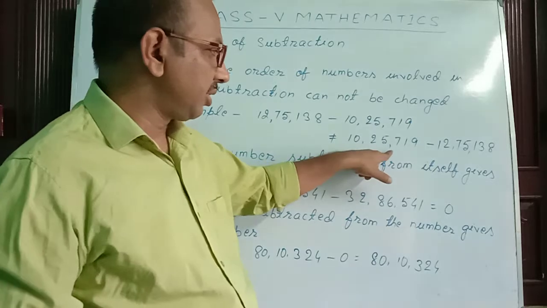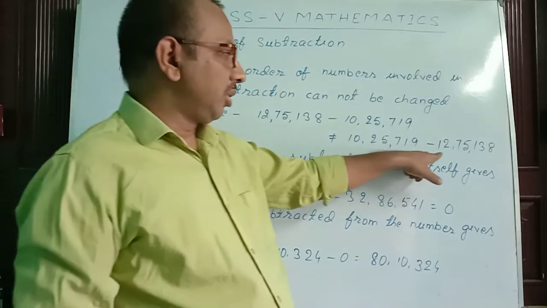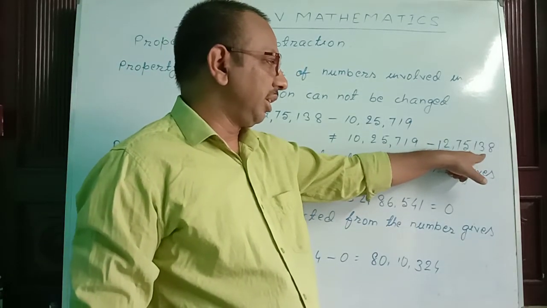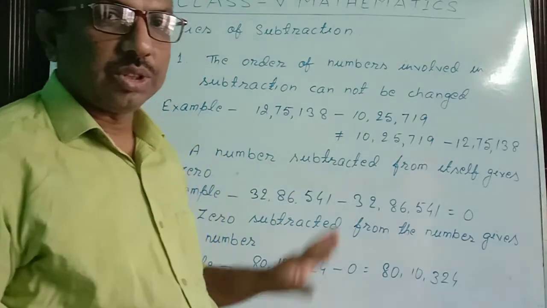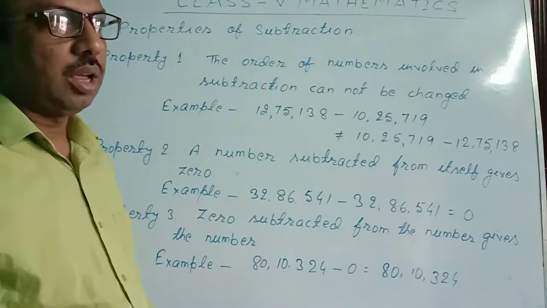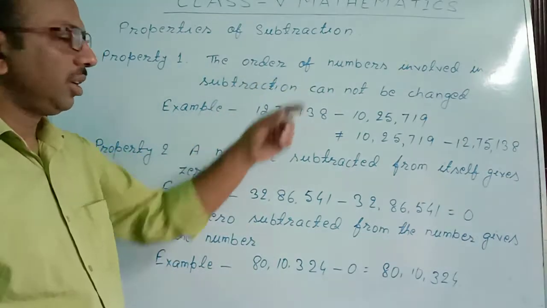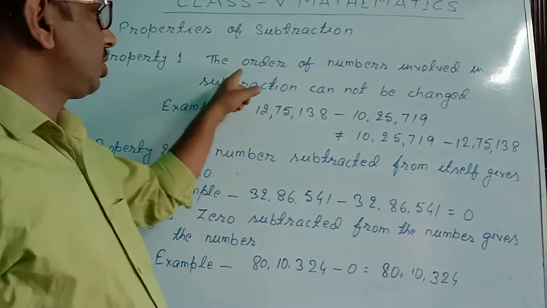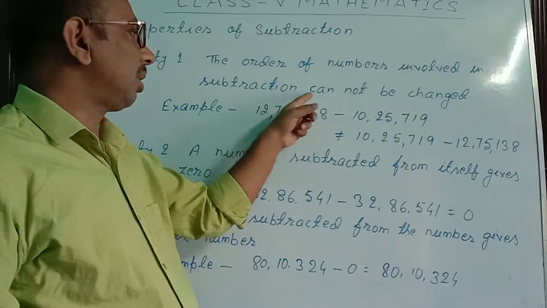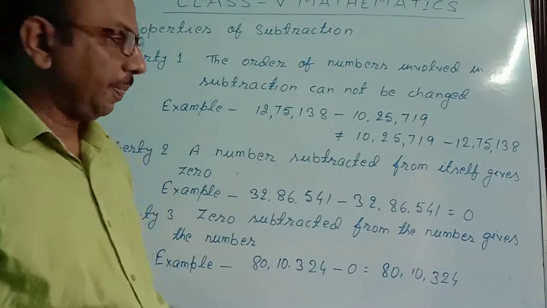But in this part we are saying 10,25,719 is subtracted from 12,75,138. So these two results will not be equal. If you change the order, then the result will not be equal. So we say the order of numbers involved in subtraction cannot be changed.